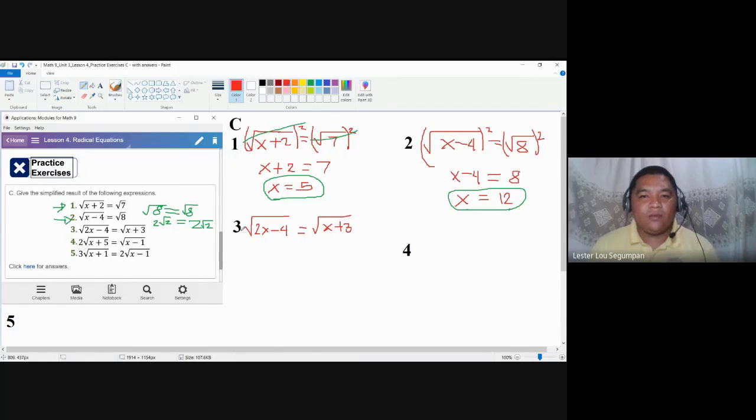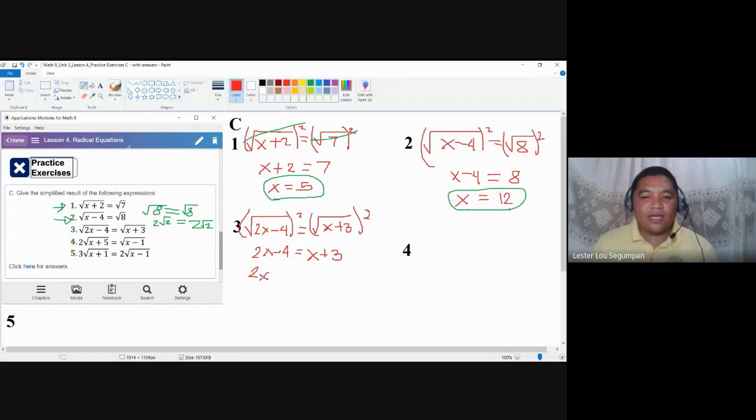Again, we simply square both sides, and then you will have 2x minus 4 is equal to x plus 3. It doesn't matter if both sides have variables now because we are just down to a linear equation. And then you will apply the properties of equality.